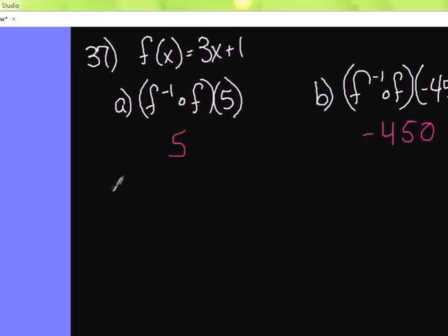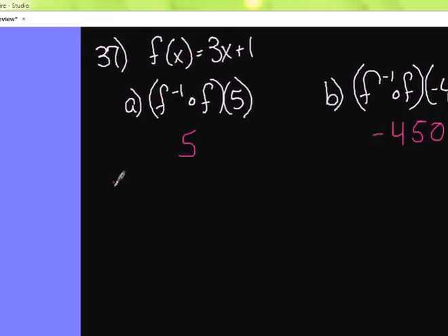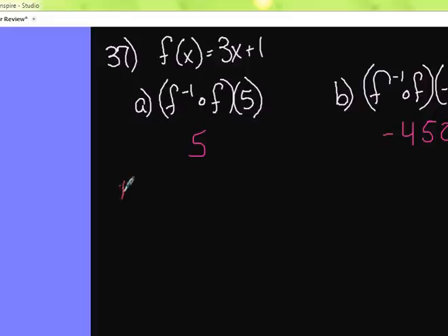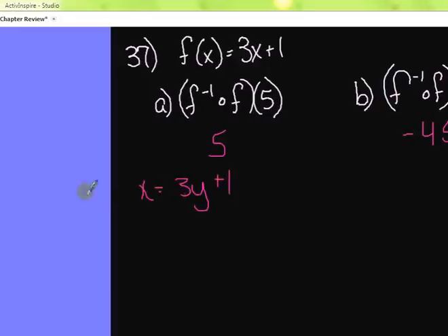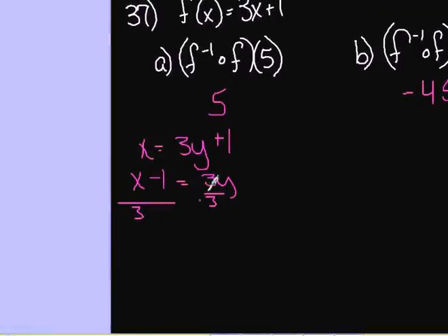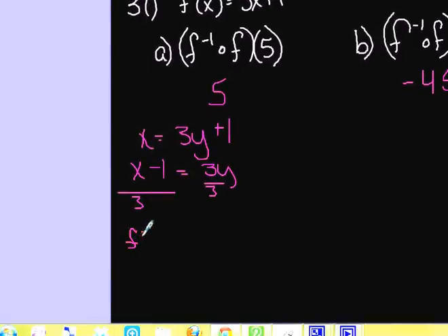If we were to take the inverse of 3x minus 1, we'd switch out the x and the y and we would solve for the new y, so we're going to pull that 1 over to the left and divide by 3. And this will be the inverse.